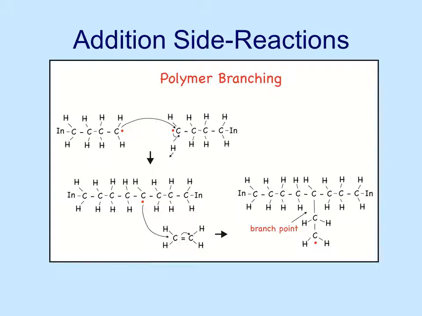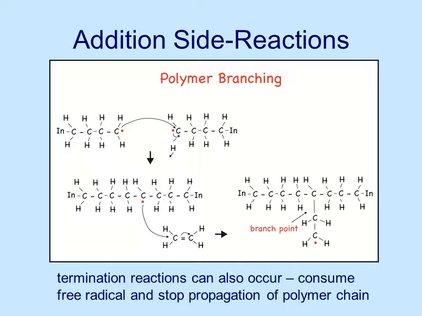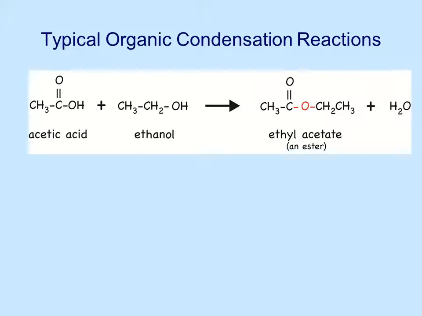You can form free radicals in the middle of a compound, and they can start to build branch points. And you can also get termination reactions where two free radicals react with one another. They form the carbon-carbon double bond or single bond, but they have not generated a new free radical, so the free radical reaction in that molecule stops. So you can get polymer branching through free radical reactions, or you can get termination of the reaction.